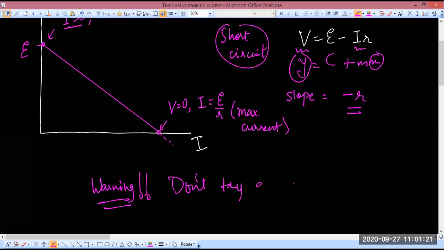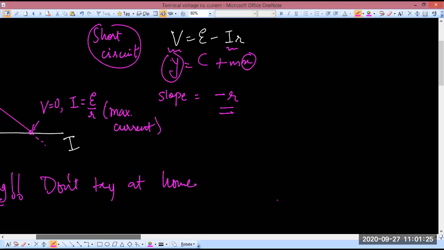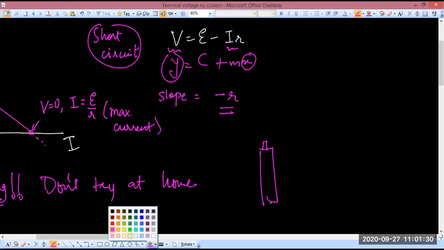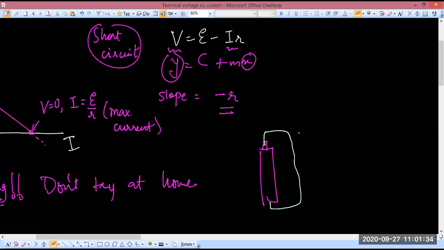This can be done if you take a cell and don't connect anything, ખાલી એક copper નો wire લાવીને આમ અડાડ દો એટલે boom. Now ખાલી મજાક કરું, explosion નો થાય, but there will be sparks, there will be fire. If you are not paying attention, there will be fire, right?